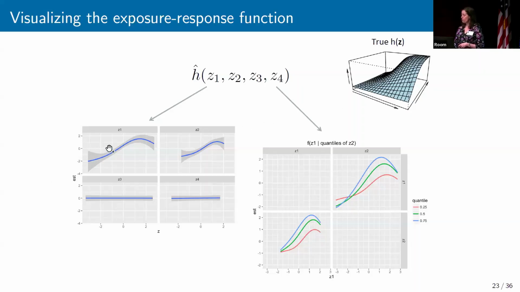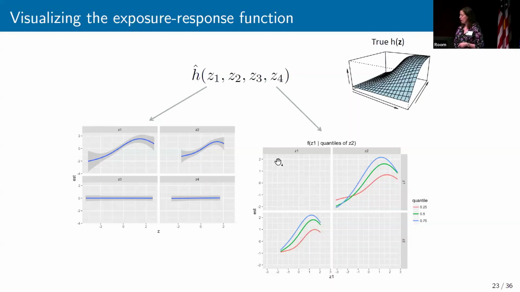So from one of the post-processing functions, you can easily plot the exposure response function of each exposure where all the others are set to their median value. So this is the exposure response function of Z1 with the outcome when Z2, Z3, and Z4 are at the median value. This is Z2 with the outcome when the others are at their median value, and so on.